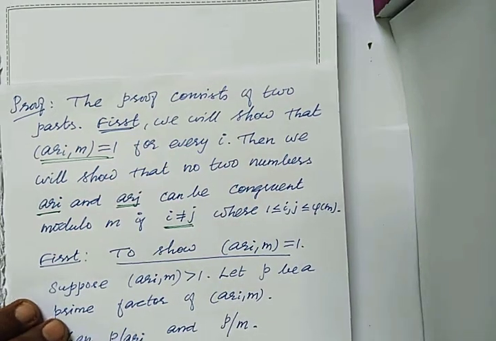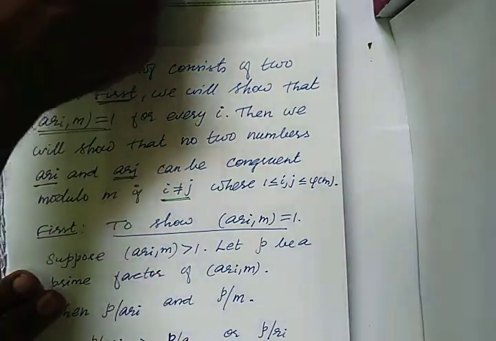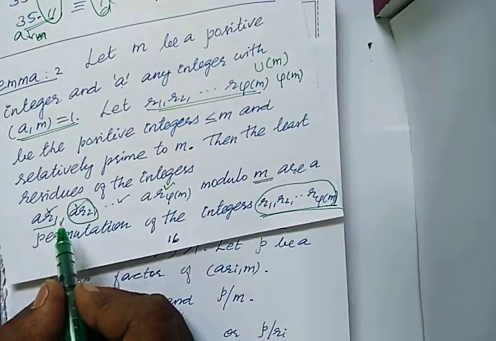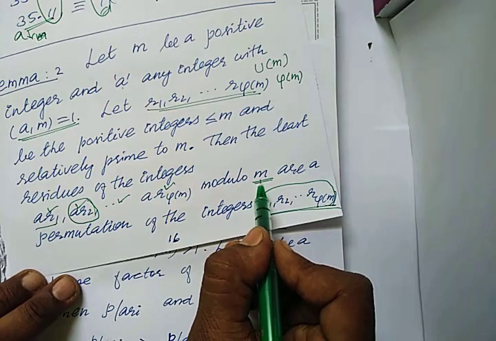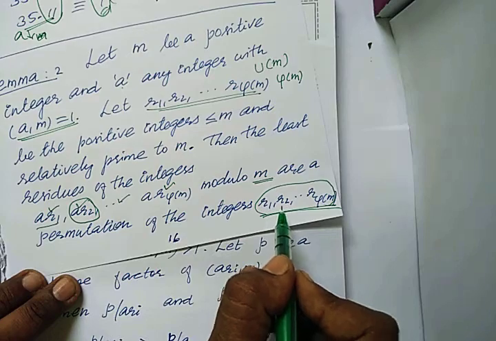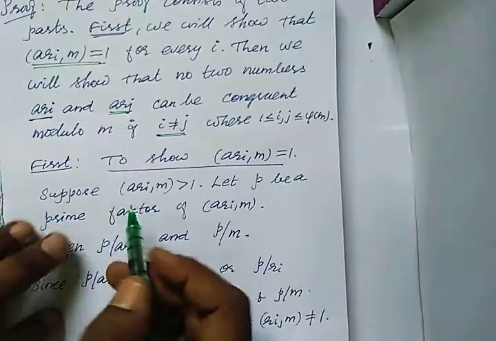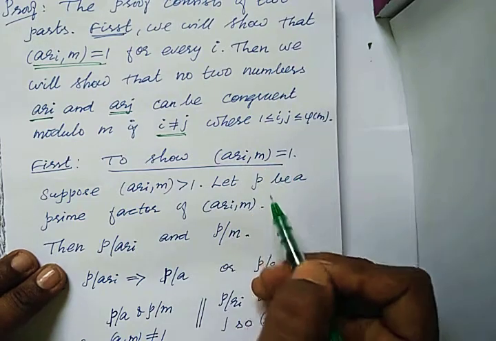Okay. First we are going to show that each of these numbers is relatively prime to m. Then only if you find the modulo of this number, we will get the remainder here. Right? First we are going to show that Ari is relatively prime to m.